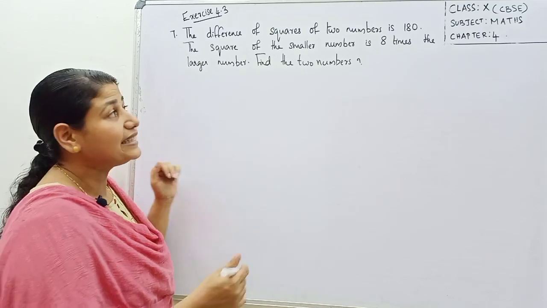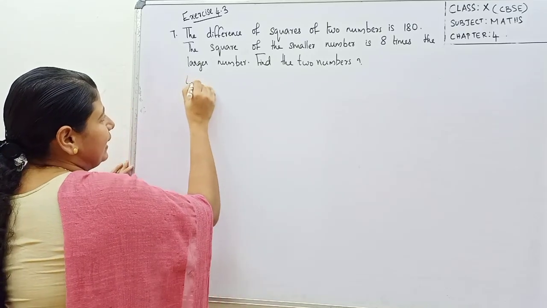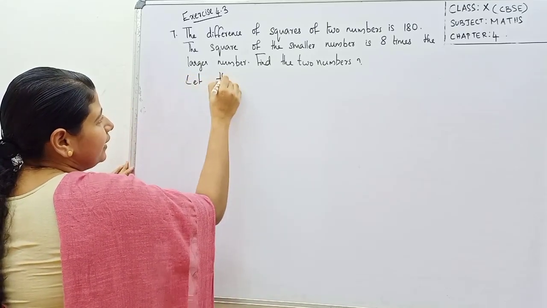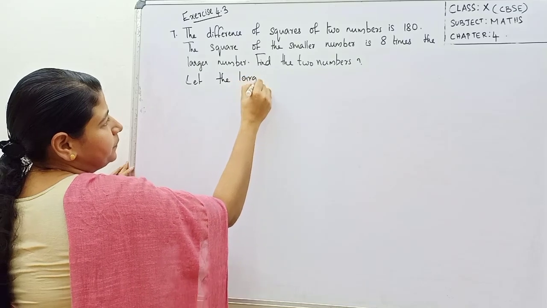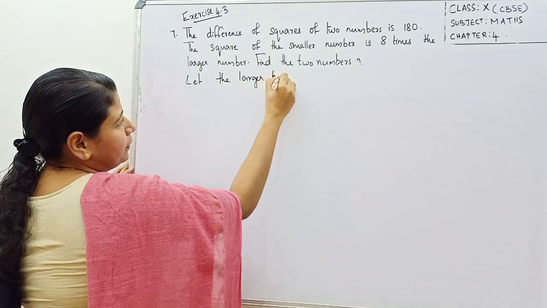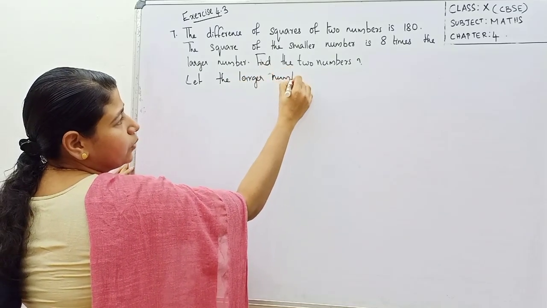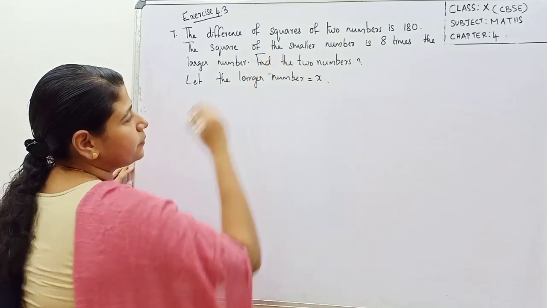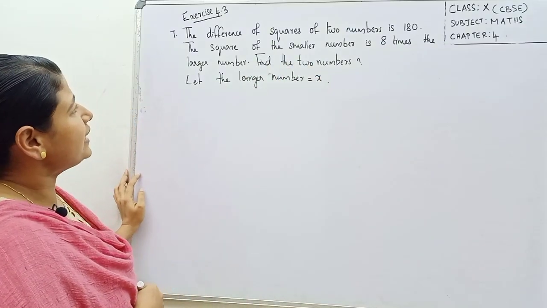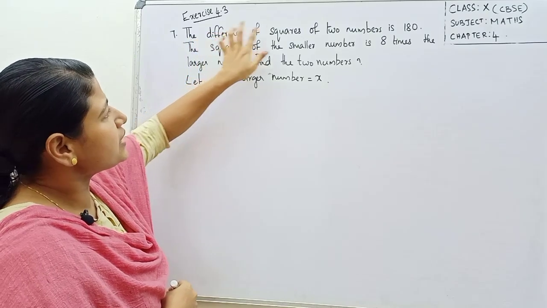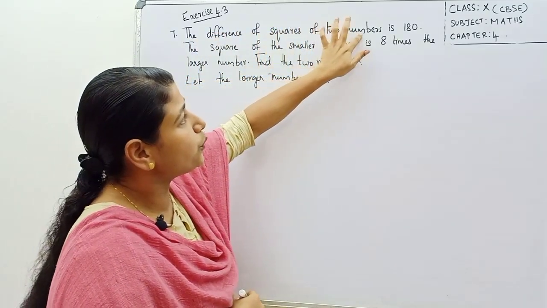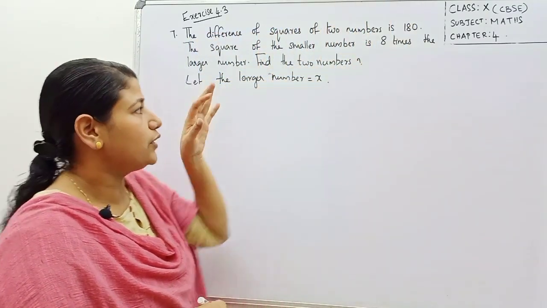So, we can take the larger as x. Let the larger number equal x. It is given that the difference of the squares of two numbers is 180.